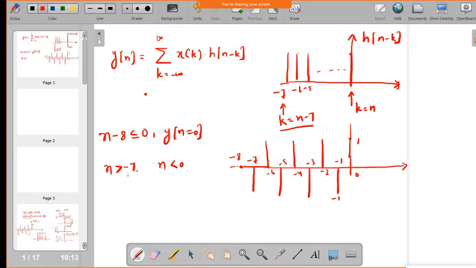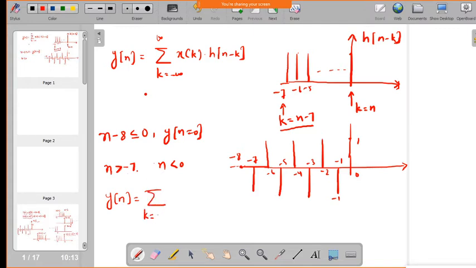So whenever n is greater than minus 7 and less than 0, you will get the convolution. That index value will give y of n, which is equal to summation, where k varies from minus 7 to n.